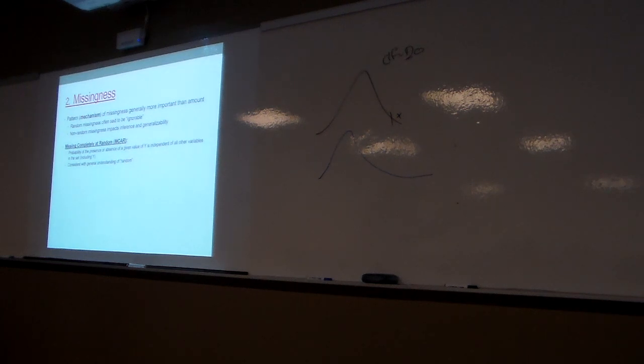Yeah, this is based on the Schafer and Graham paper. Go through and read that paper. This starts to become increasingly important when we start thinking about things like multi-level models and SEMs and things like that.